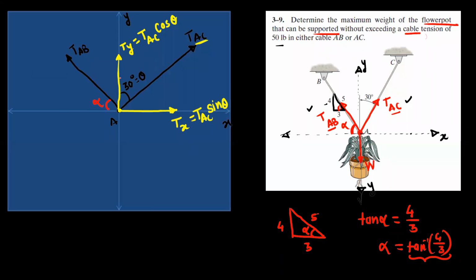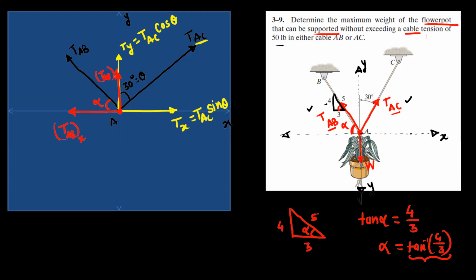Now just observe, the two components will overlap if we resolve the force at point A only. So this is the x component and y component for tension AB. I will write here tension AB x component, and this is tension AB y component.